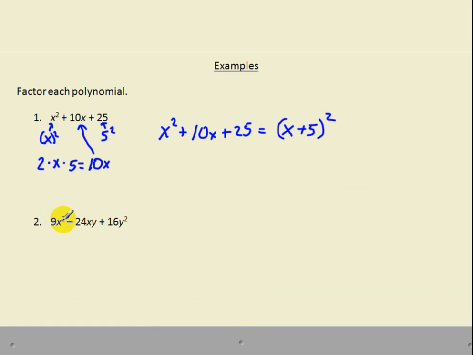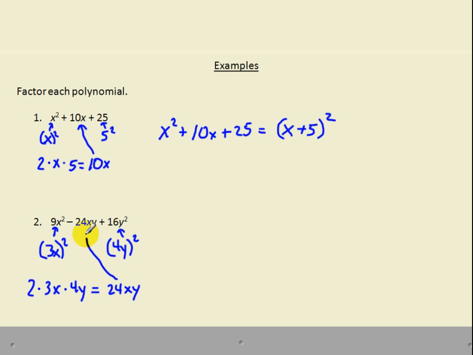Okay, number 2, we have 9x squared minus 24xy plus 16y squared. Notice that this is a perfect square. This is 3x in parentheses squared. And this is a perfect square. This is 4y in parentheses squared. And if we take 2 times 3x times 4y, we get 2 times 3 is 6, times 4 is 24xy.